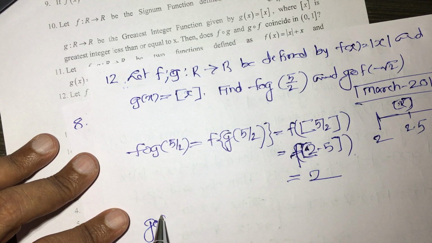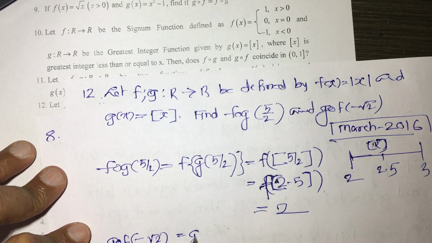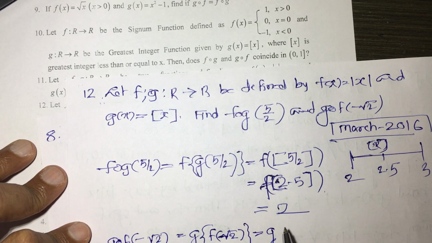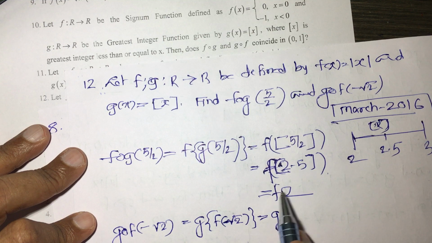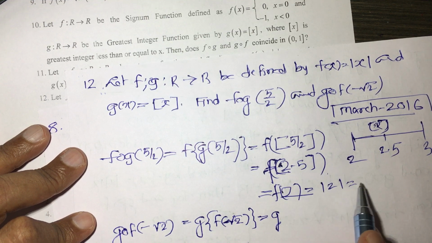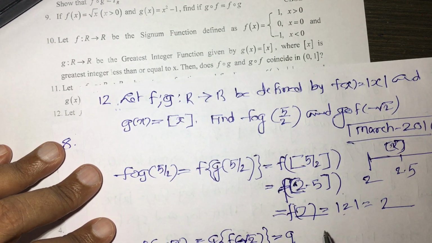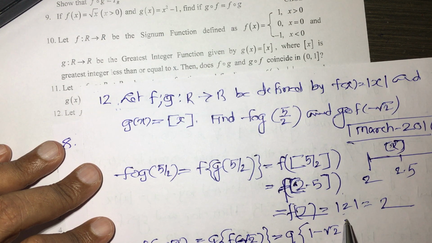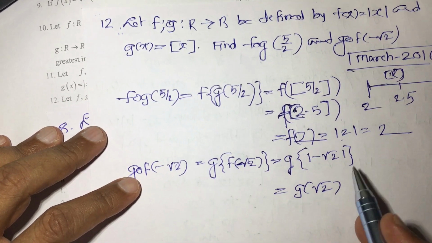Next, g composite f of minus root 2, and this is g of f of minus root 2. f of x is mod x, so this is g of mod of minus root 2, which is g of root 2, because mod of minus root 2 is root 2.